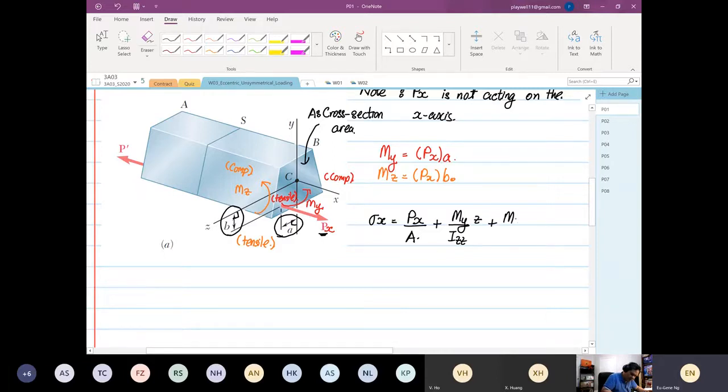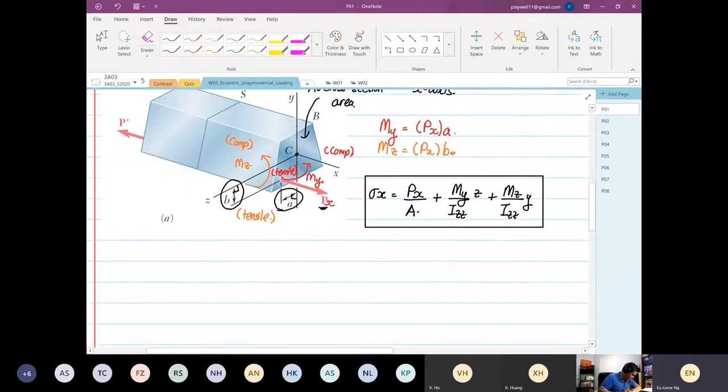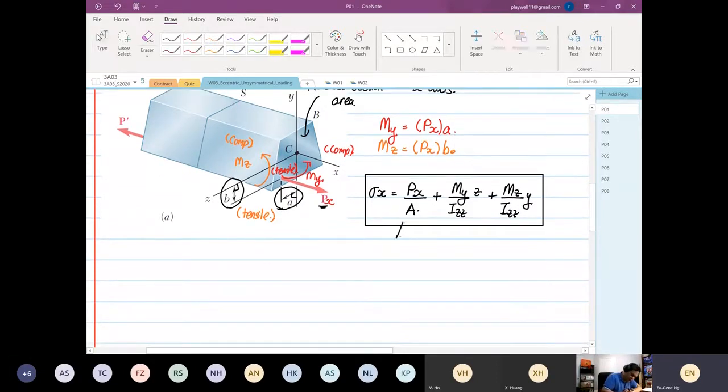It looks familiar, like the one that we derived last week. The only difference is that we now have eccentric loading. The first term is due to axial loading, and both My and Mz are due to bending moment loading.